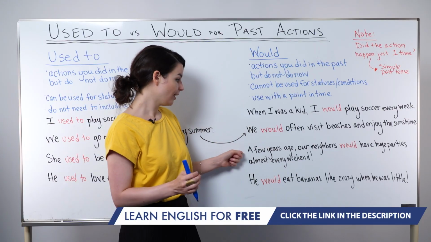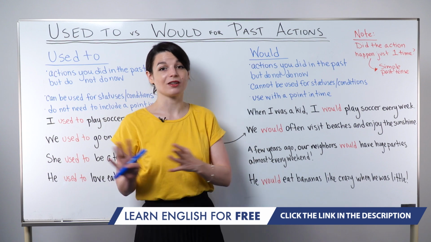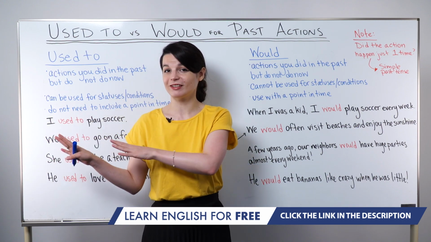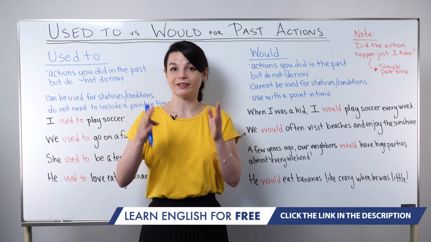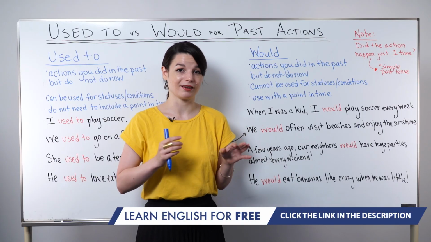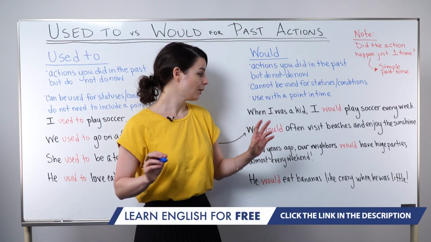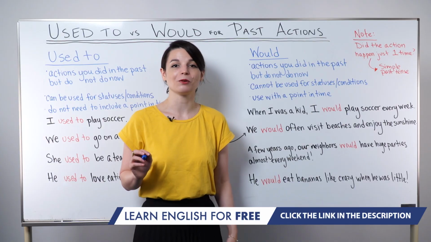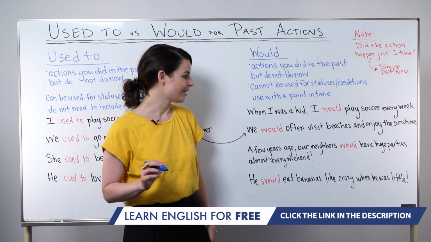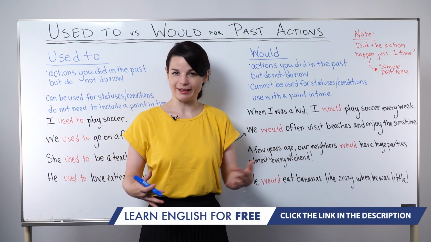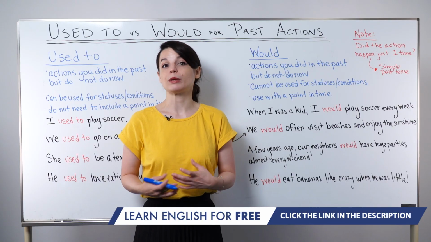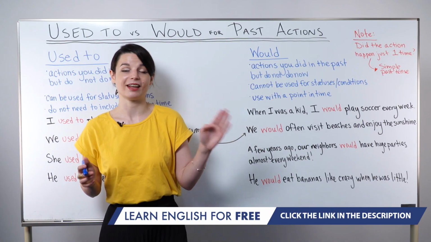When did it happen? A few years ago. So not now, but a few years ago, our neighbors regularly had really big parties. But we don't say regularly, we say would have huge parties every weekend. So again, would often has that feeling of something repeating or something that happens on a schedule.